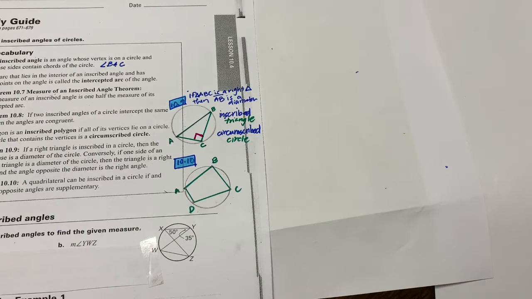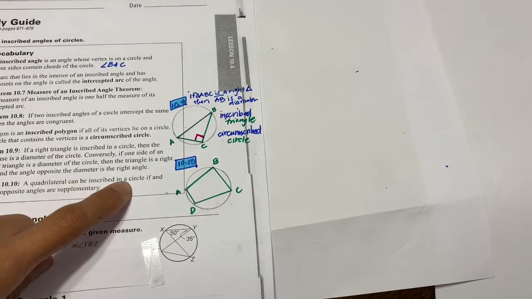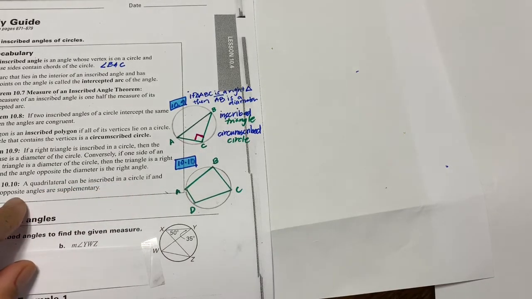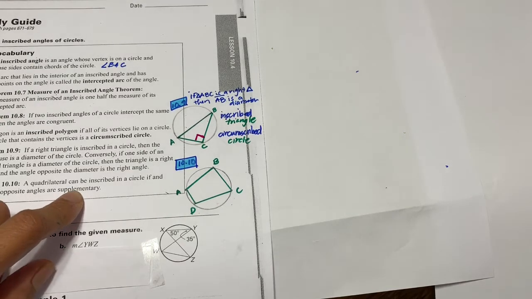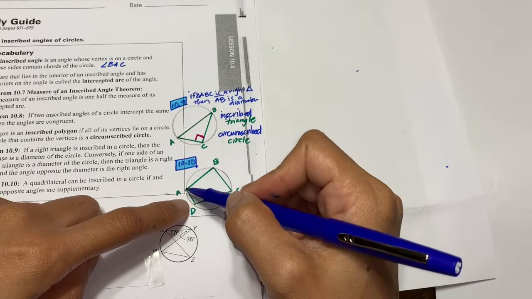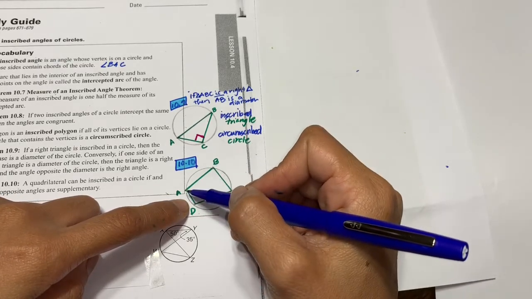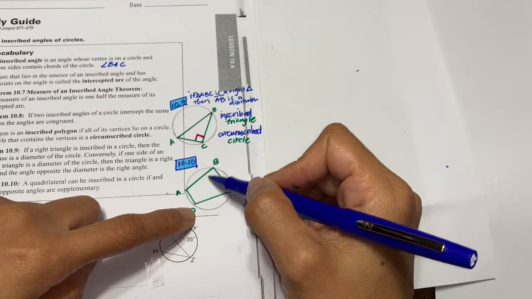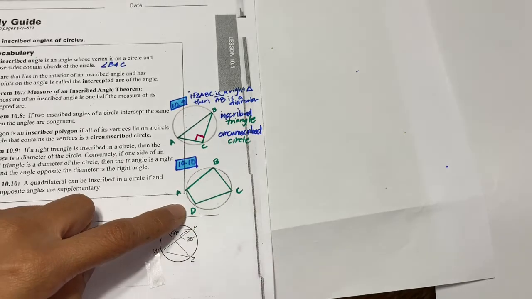Okay, 10.10 states a quadrilateral or four-sided polygon can be inscribed in a circle if and only if its opposite angles are supplementary. So you can only inscribe a four-sided polygon, which is a quadrilateral, if opposite angles add up to 180.